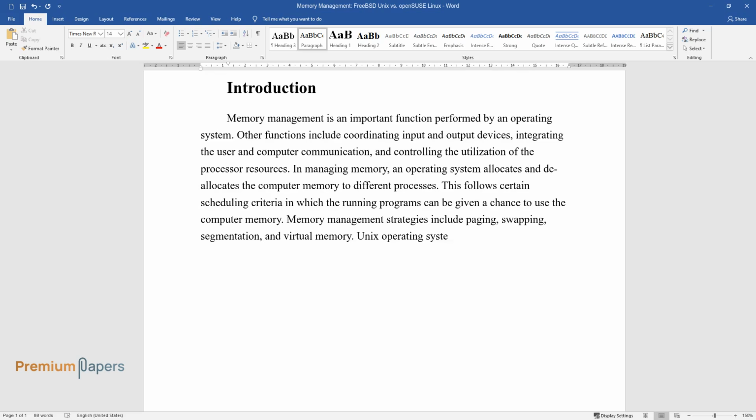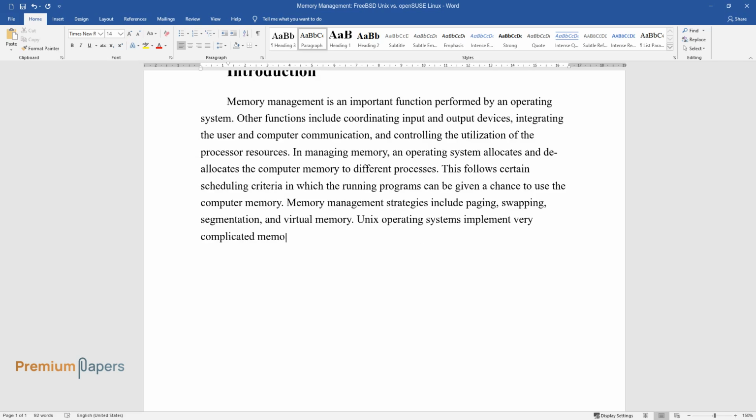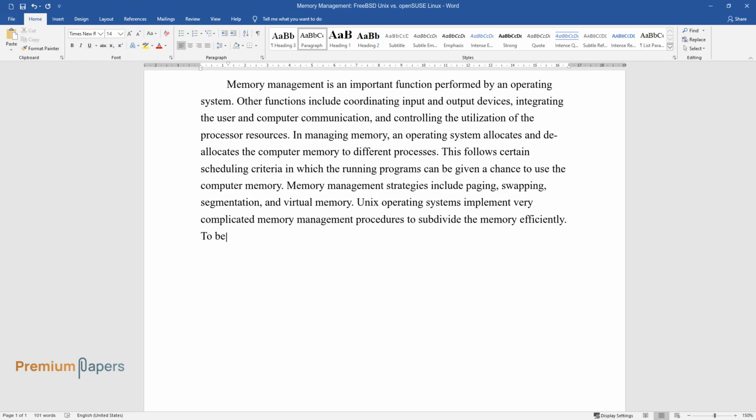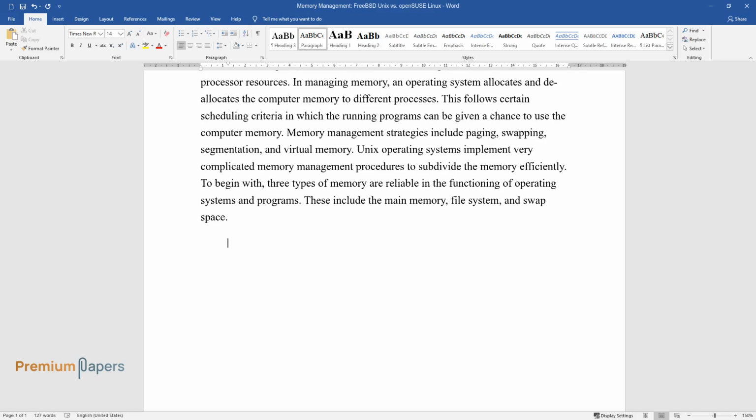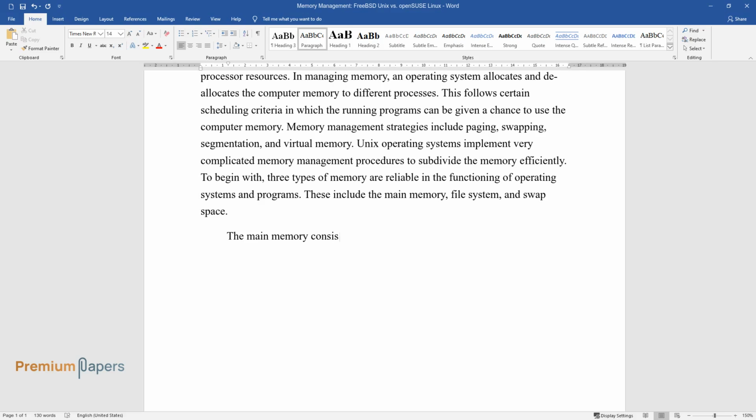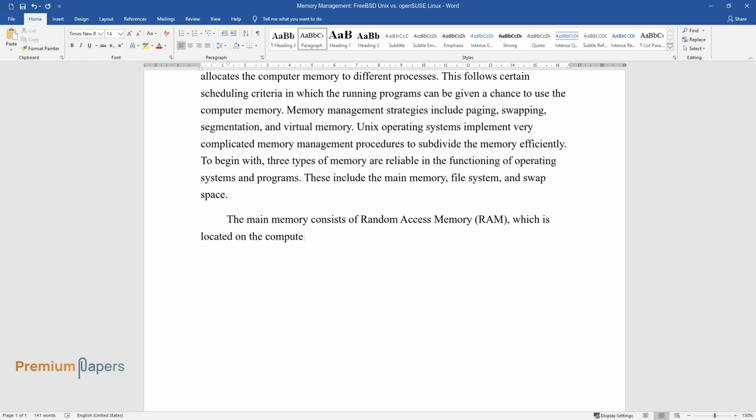Unix operating systems implement very complicated memory management procedures to subdivide the memory efficiently. To begin with, 3 types of memory are reliable in the functioning of operating systems and programs. These include the main memory, file system, and swap space. The main memory consists of random access memory, RAM, which is located on the computer's motherboard.